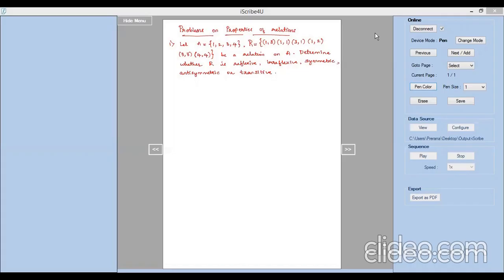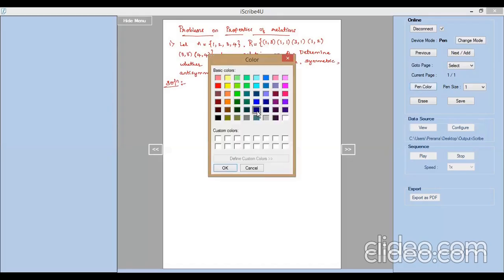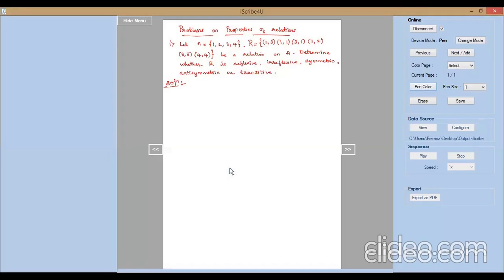So all of them are based on the definition of these. So let us do one by one. So very firstly, solution. We have to check whether the relation R is reflexive or not. Is R reflexive?